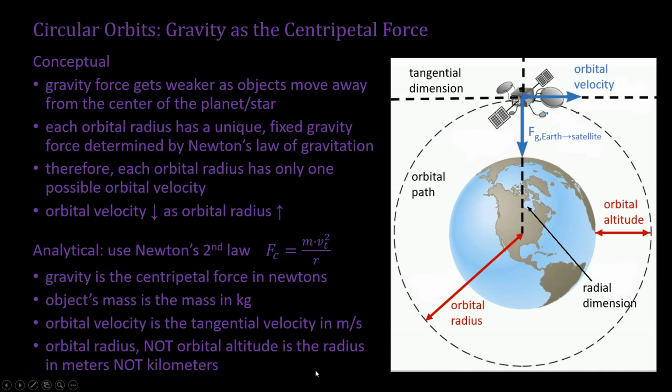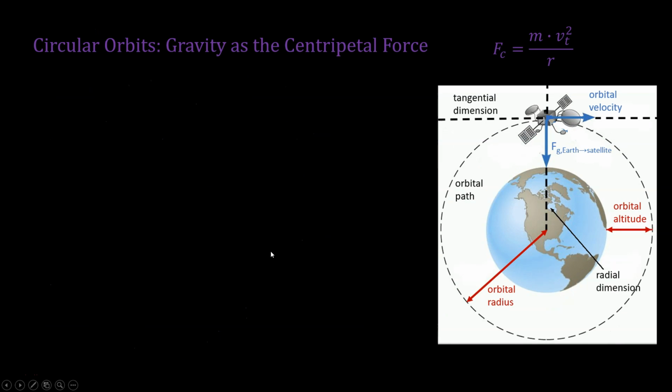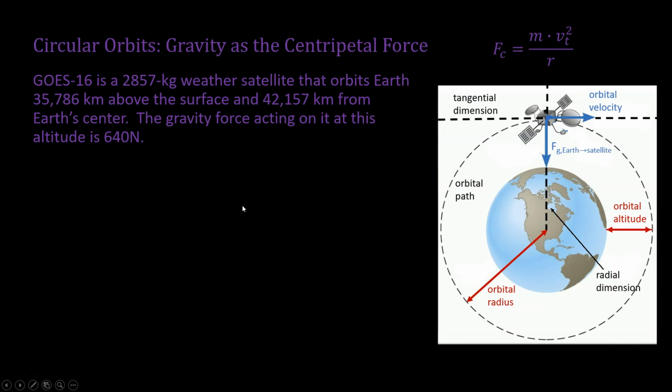Let's go ahead and solve a problem. So in this case, we have GOES 16, a 2,857 kilogram weather satellite that orbits Earth 35,786 kilometers above the surface, so that's the orbital altitude.